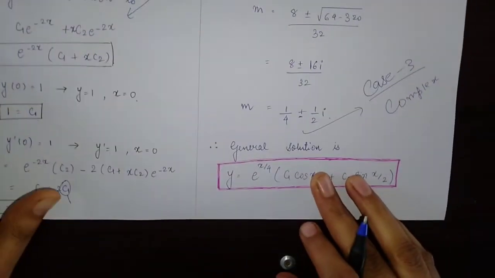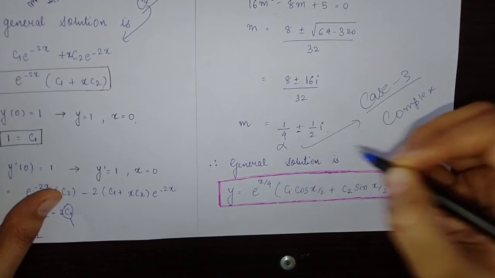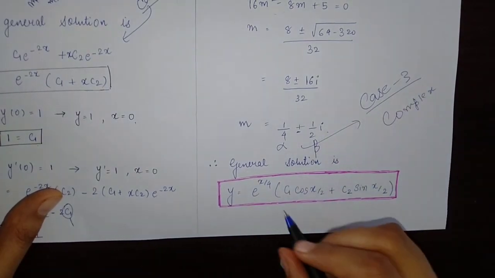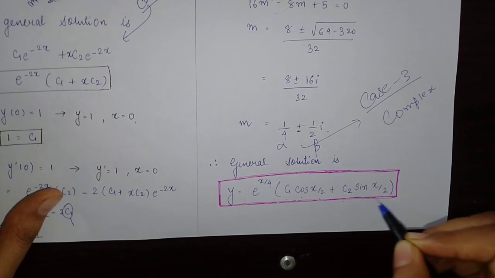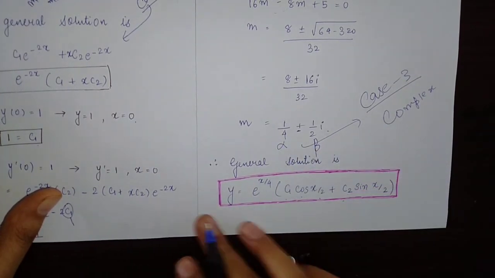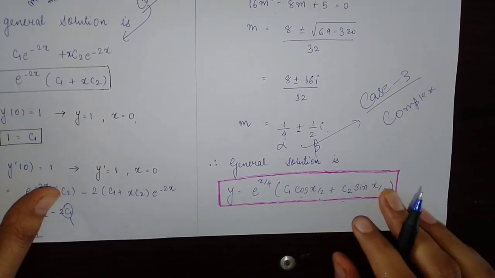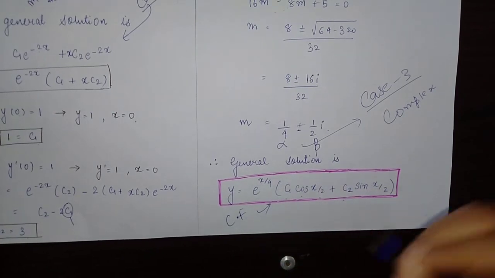Our general solution will be e raised to alpha x, where alpha is 1 by 4 and beta is 1 by 2. So here I will get c1 cos beta x plus c2 sin beta x. You just have to substitute in the general solution of CF. So this is your CF.